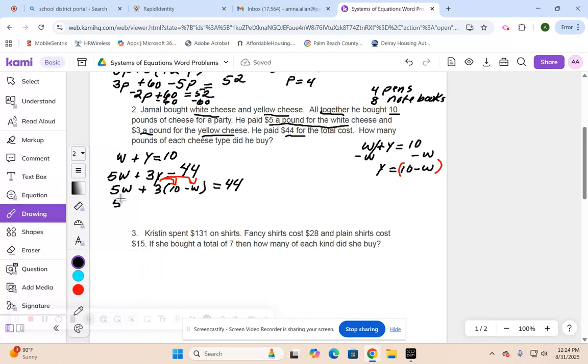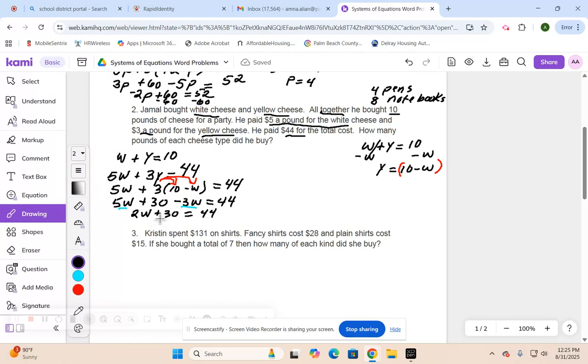We're going to copy down 5W, and then distribute. 3 times 10 is 30, and 3 times minus W is minus 3W, equals 44. Okay, let's combine our W's together. You see we have 5W and minus 3W. We'll combine those together to get 2W. Copy the rest of the equation.